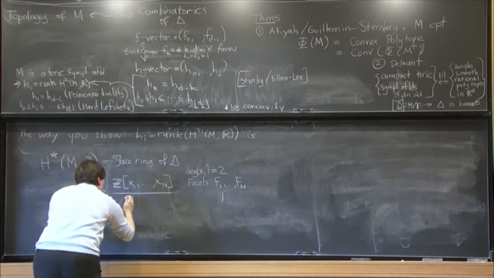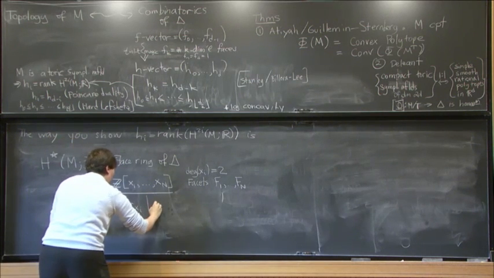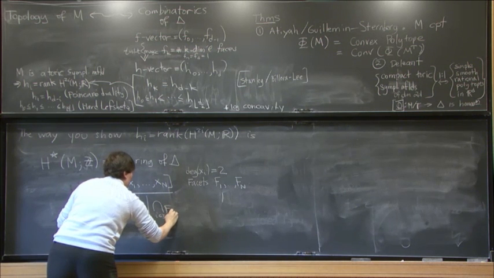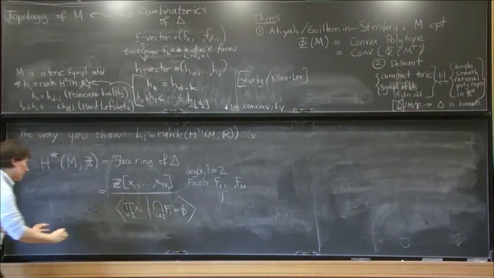So the product over i in I of xi is in the ideal that I'm killing whenever the intersection is empty.